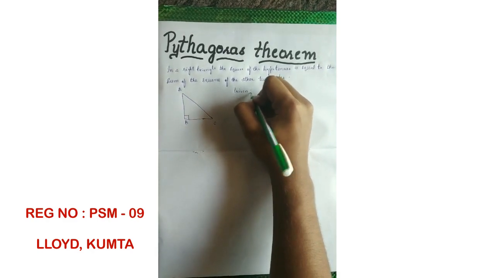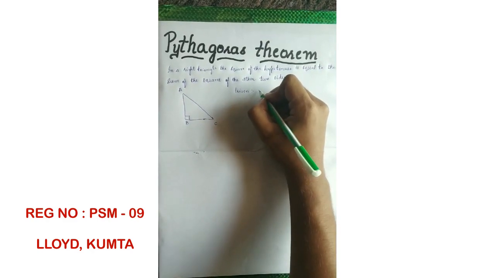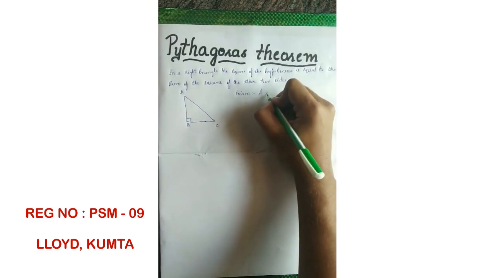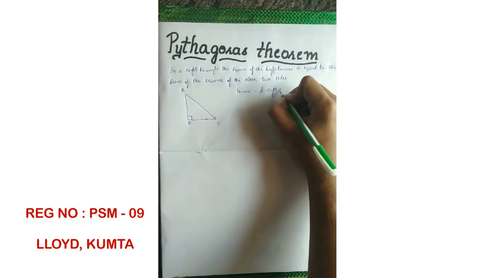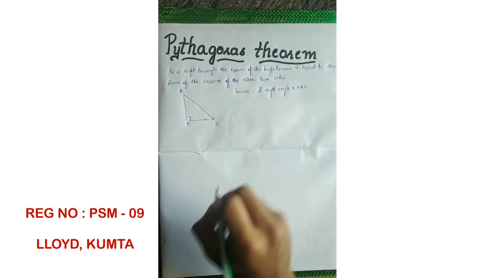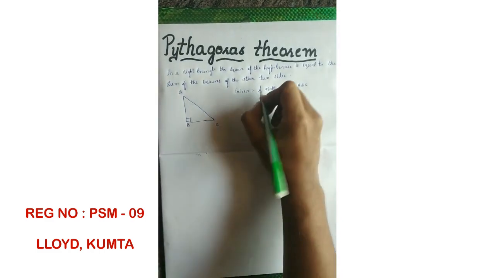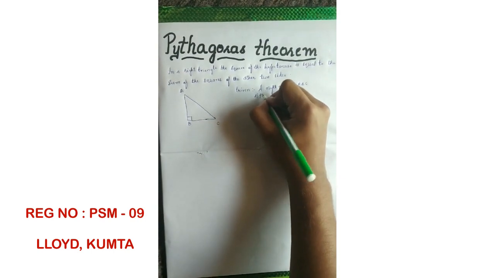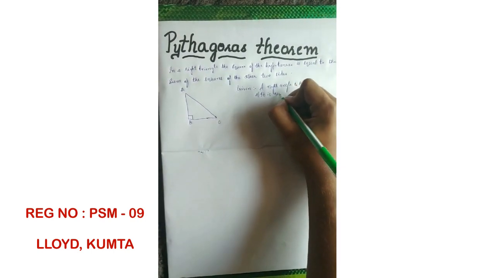Given: right angle triangle ABC. And the second thing is, it is right angled at B.